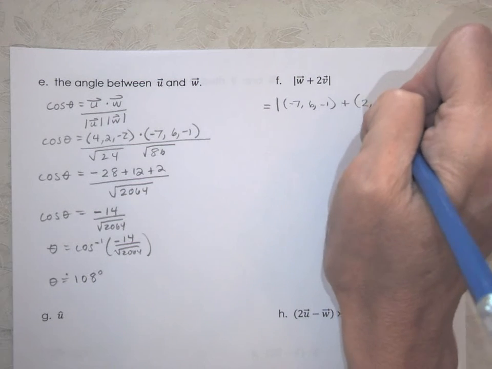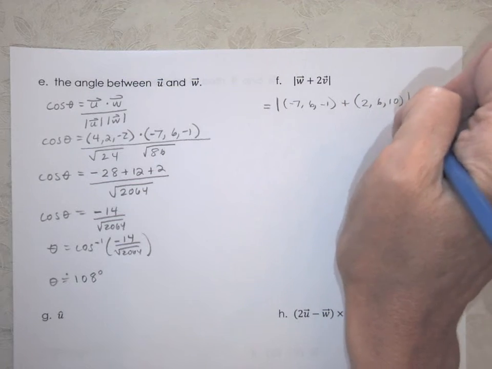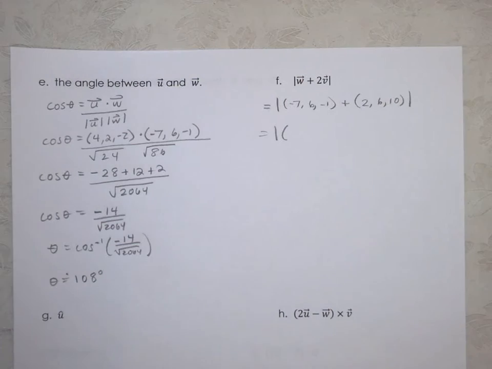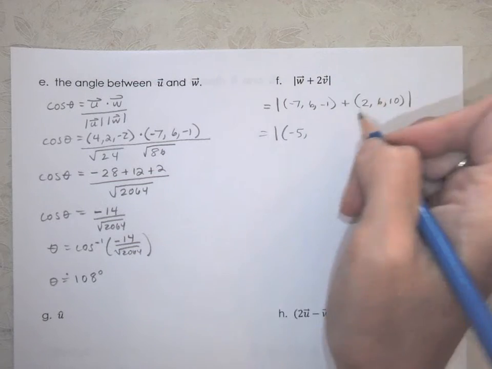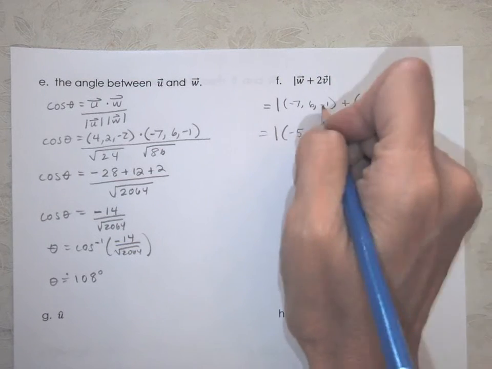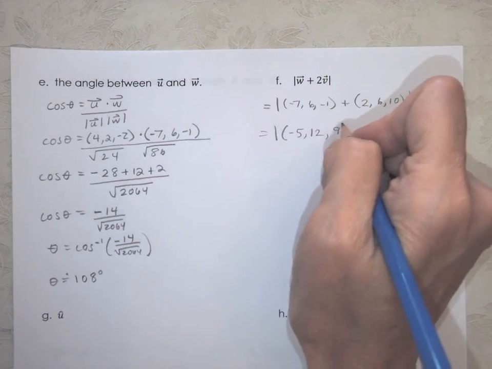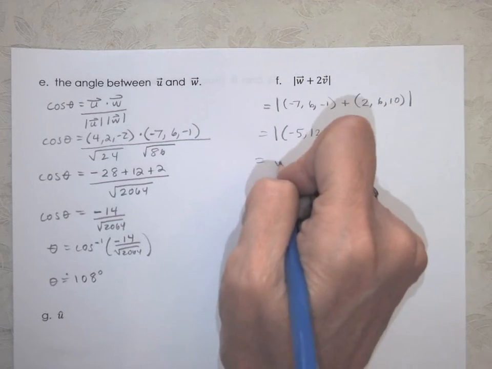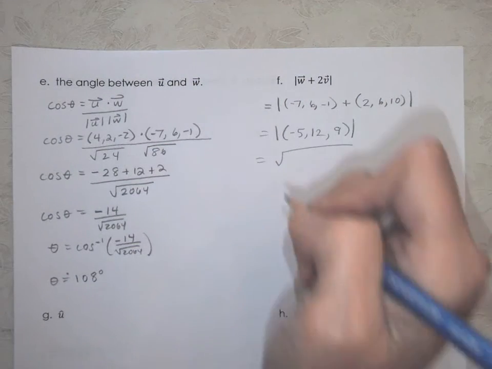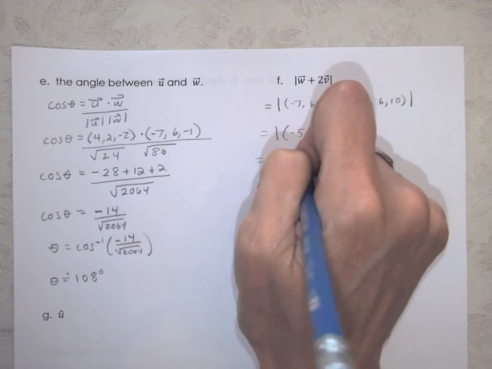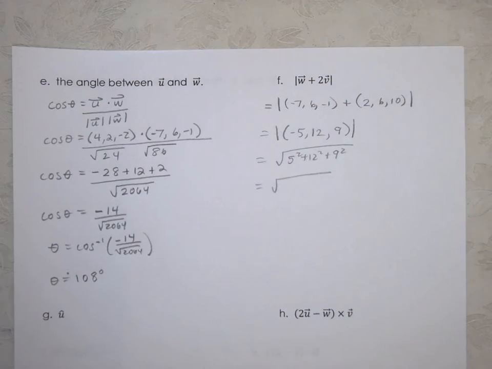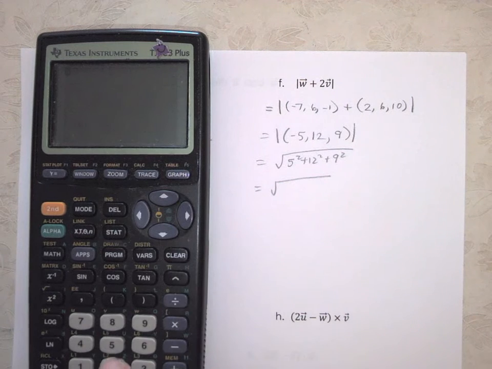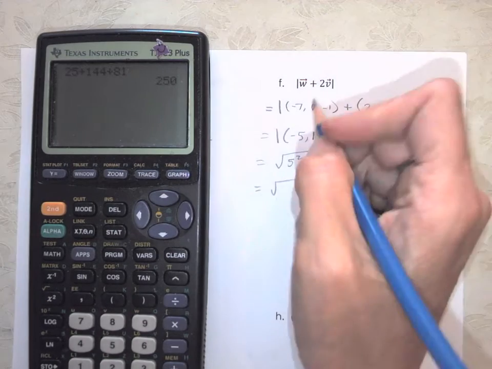So 2, 6, 10, which is the magnitude of vector, so negative 7 plus 2 is negative 5, 12, 9. You want the magnitude of that vector, so that's going to be the square root of 5 squared plus 12 squared plus 9 squared, which is the square root of 250.